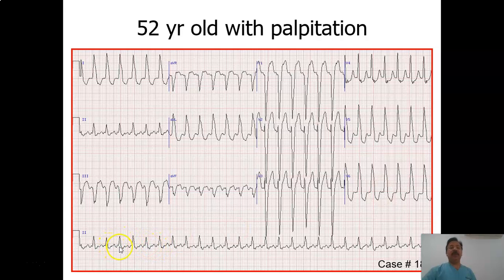This is very difficult to say that this is a ventricular tachycardia. It's not. The SVT with left bundle branch block is the other possibility, but these two notches are more in favor of atrial flutter with 2:1 conduction.